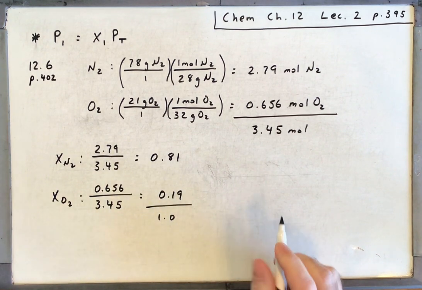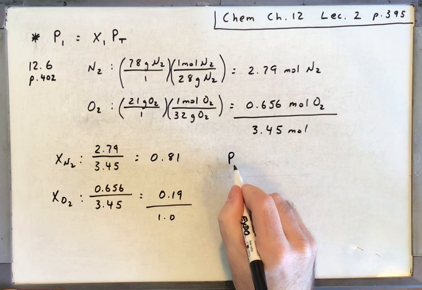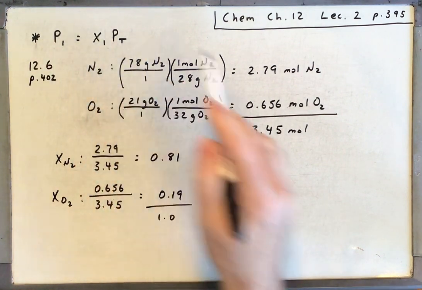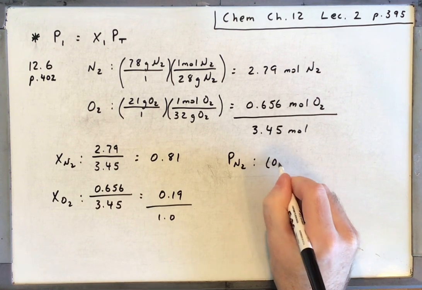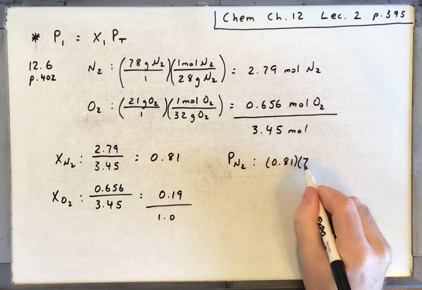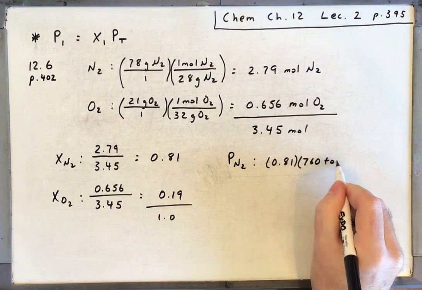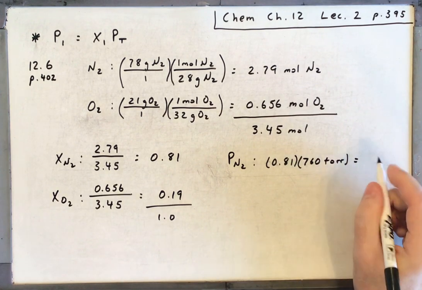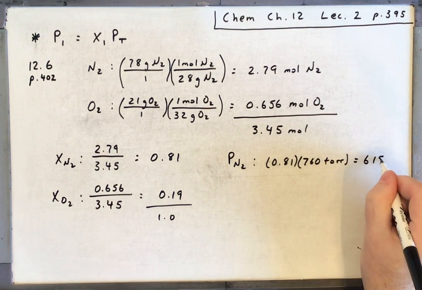Now let's get the pressure on N2. So we're going to use this equation. It's the mole fraction, 0.81, times the total pressure, which the problem said was 760 torr. All right, so that is 615.6.